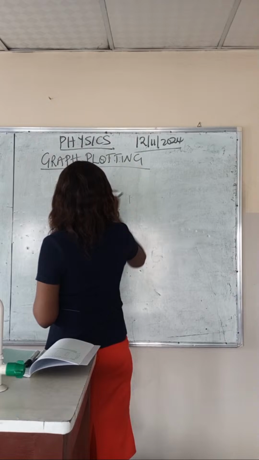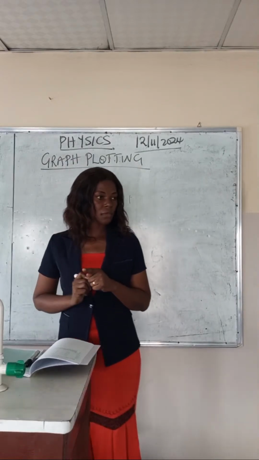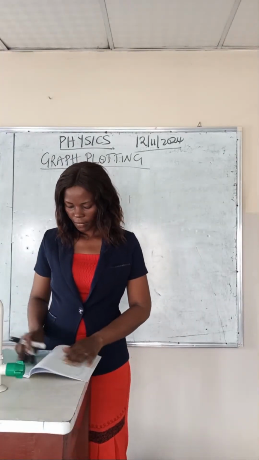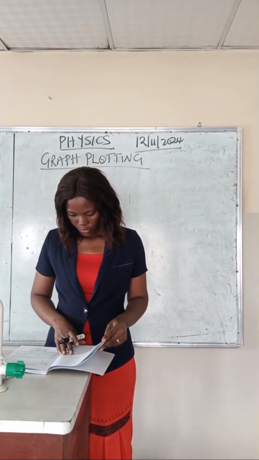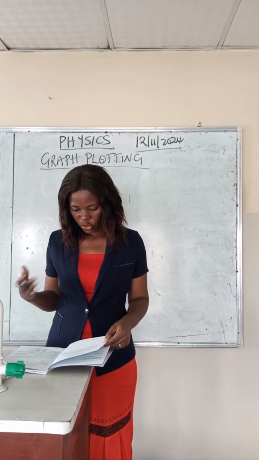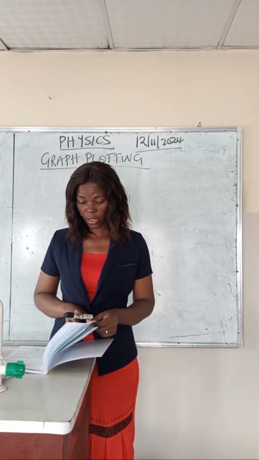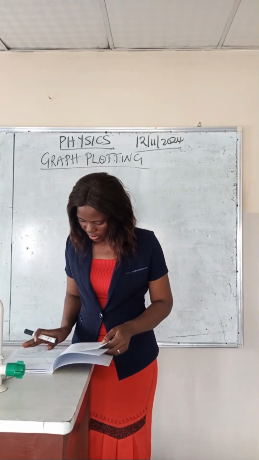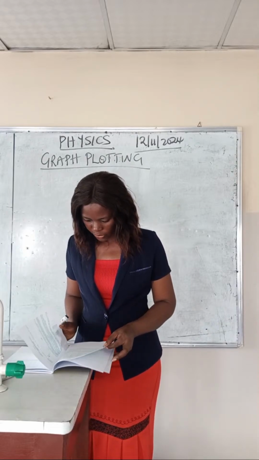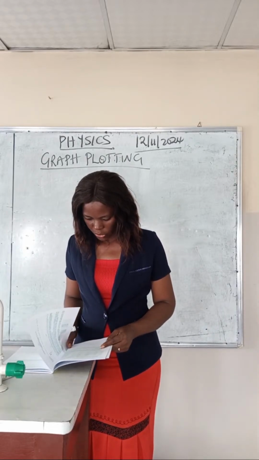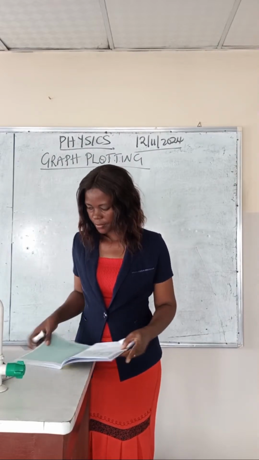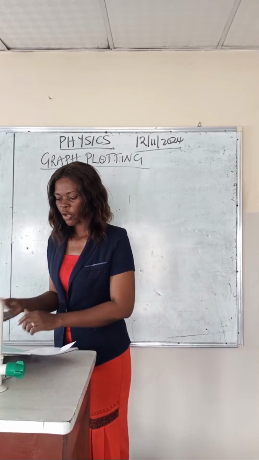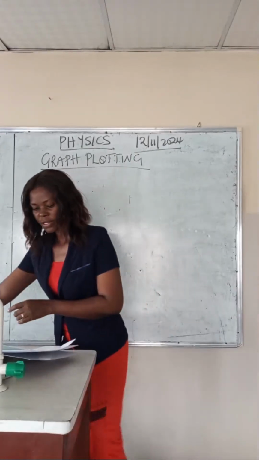Now, I'm going to give you readings that we are going to use to plot the graph. So I'll use the readings, teach you how to use them, and plot your graph. You're going to complete the table, then plot the graph.